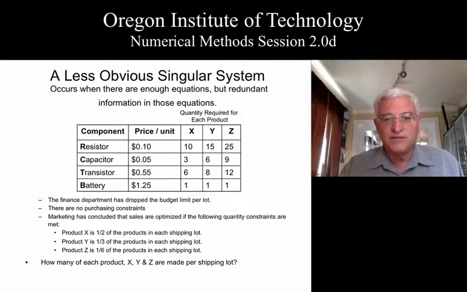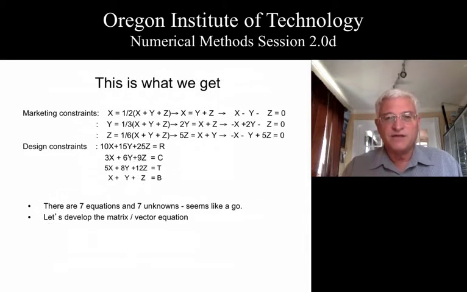So again, we're asking how many products X, Y, and Z we're trying to make. So if we add those all up, these were those 3 marketing constraints. Here were our design constraints. Looks like there's 7 equations there to me.